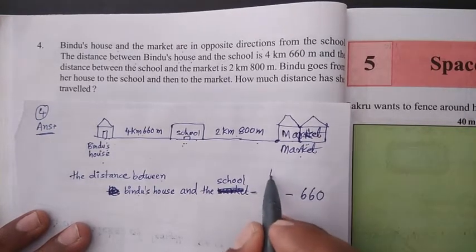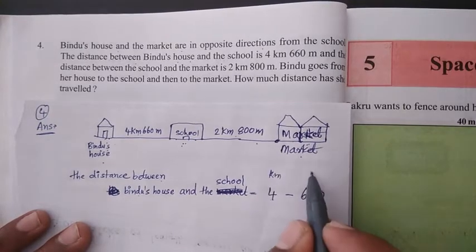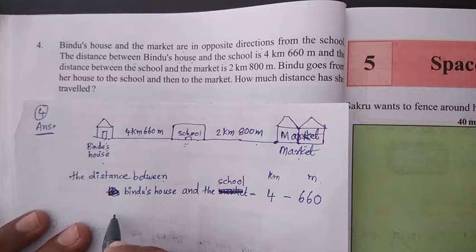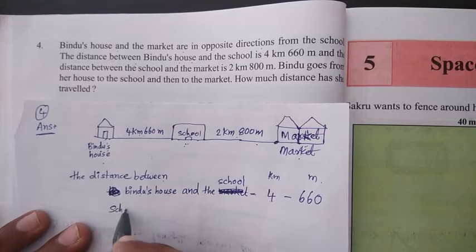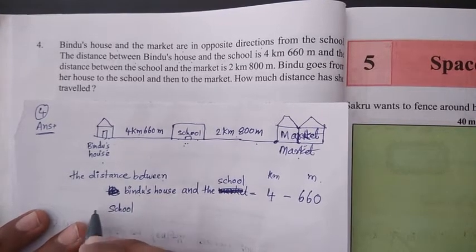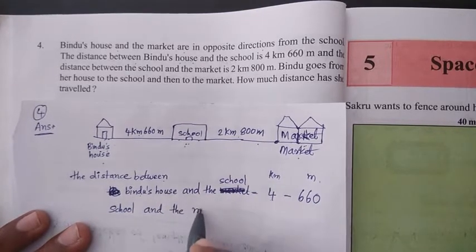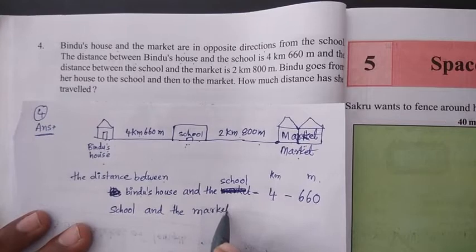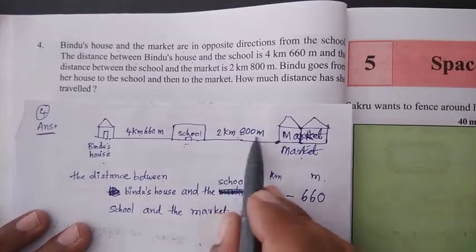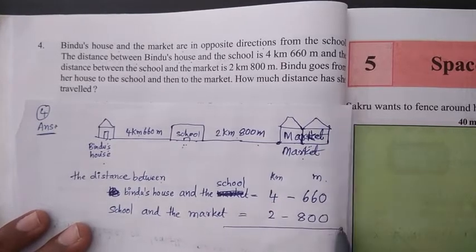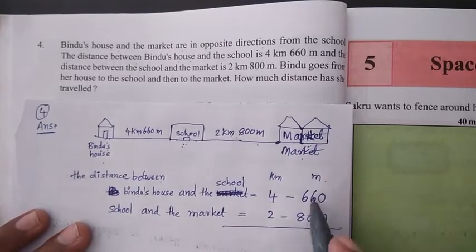The distance between school and the market is 2 kilometers 800 meters. So we add these two numbers.